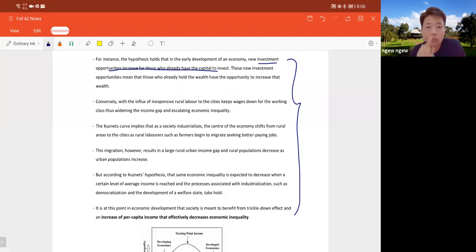Therefore, when we say income inequality, it is because your opportunities are different, okay? So when the opportunities are obtained by the rich people, then the rich people will be richer and the poor people will be poorer.